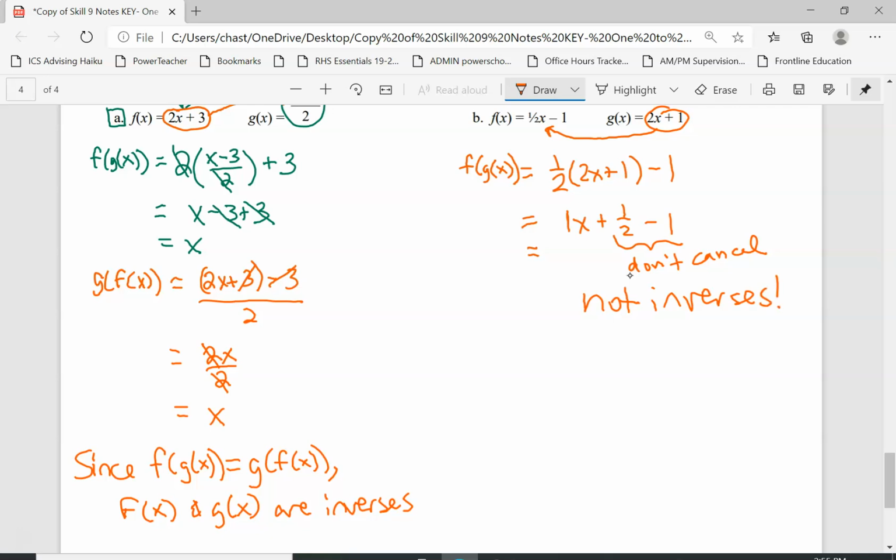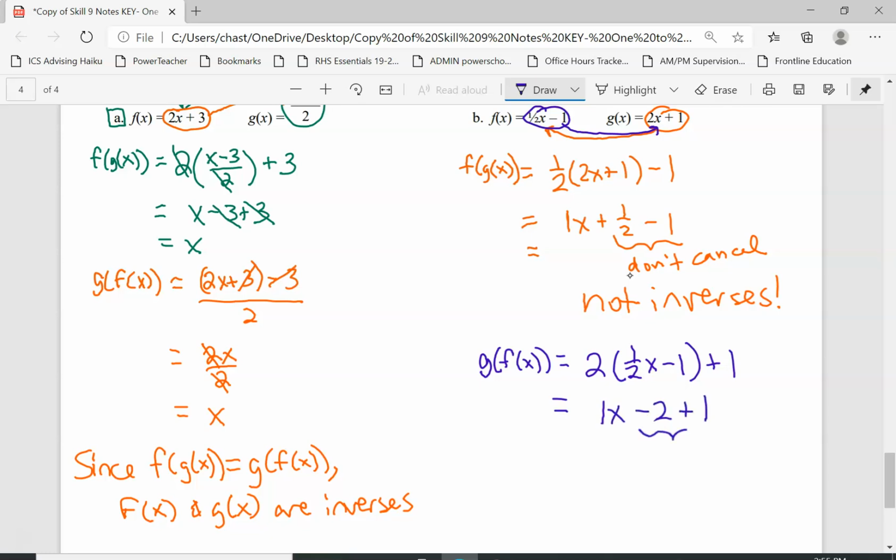And even if I tested it the other way around, just to verify, if I plug f of x into the function for g of x, that gives me 1x minus 2 plus 1. These again don't cancel, so they're not inverses. So you could also use compositions to help you verify if two functions are inverses or not.